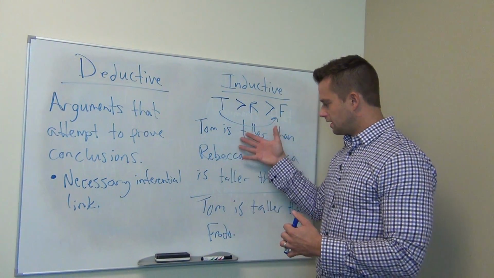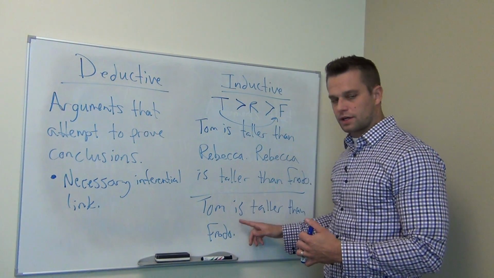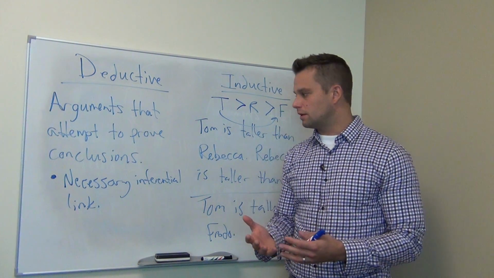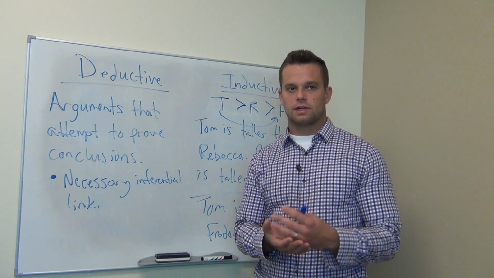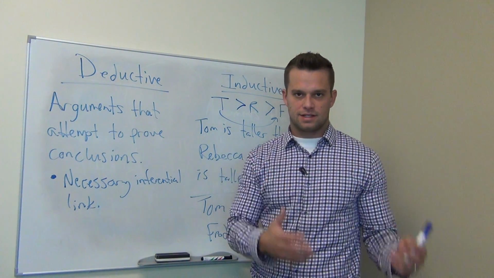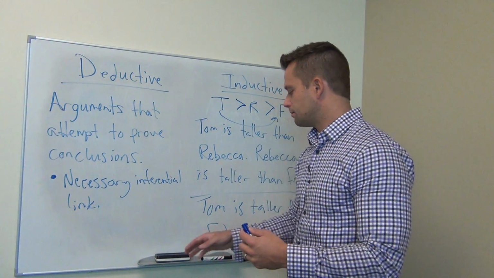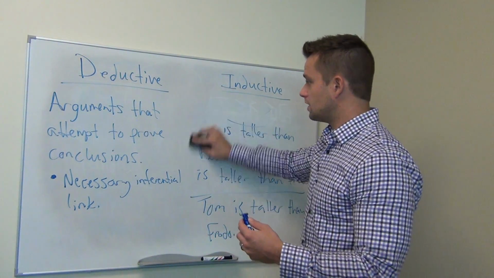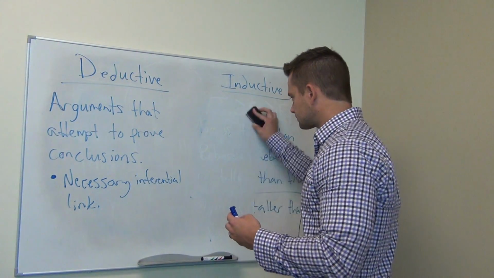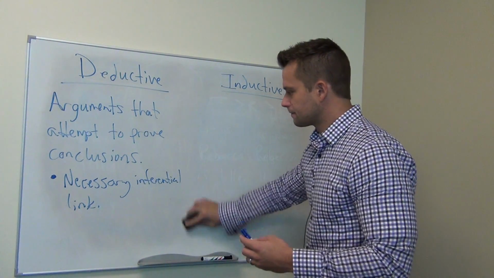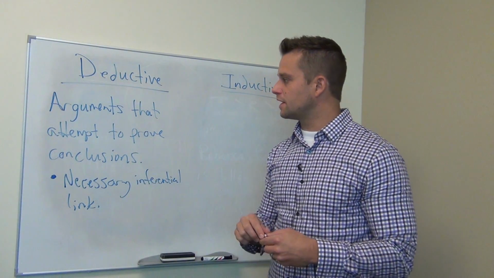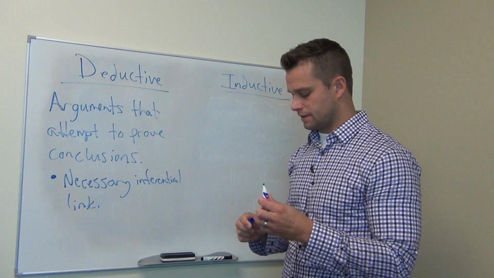If these two premises are true, then the conclusion must of necessity follow. So this is a valid form. Remember, a valid deductive argument is one in which true premises guarantee the truth of the conclusion. But again, not all deductive argument forms are valid, even though they still fall into deduction. Okay, so there's a necessary inferential link in deduction.